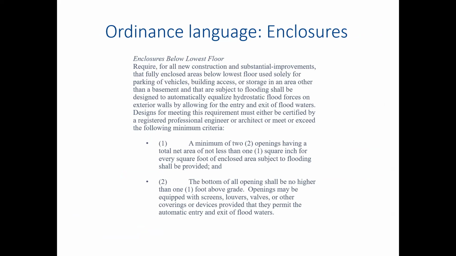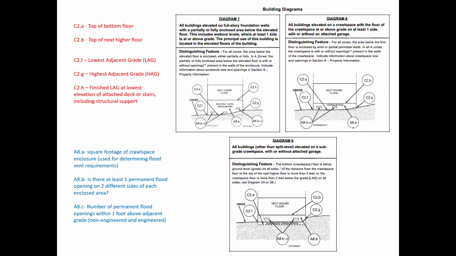So it could be like a garage, it could be a crawl space, but basically these are wet flood proofed with flood openings that you have at least 2 on 2 different sides with 1 square inch of net space for every enclosed foot of enclosed space. So yeah, there's requirements for enclosures, but they're not considered the lowest floor if they're compliant.